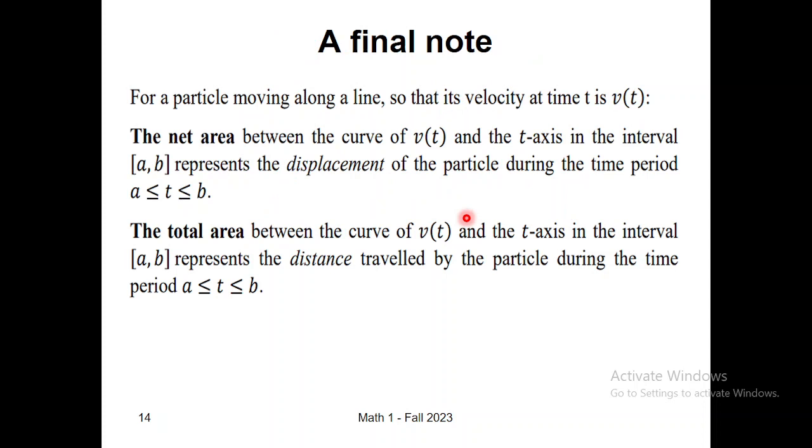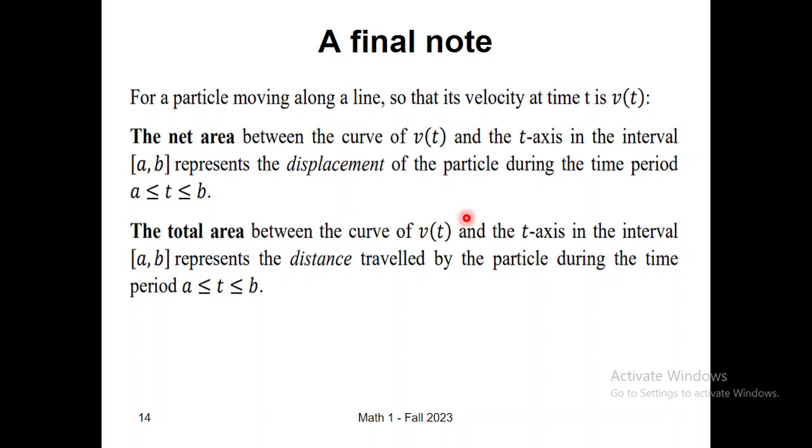The calculation of net area and total area is also related to displacement and distance. If you calculate the net area, you sum the areas taking sign into consideration, considering the area above the x-axis to be positive and the area below the x-axis to be negative, and then add the results.